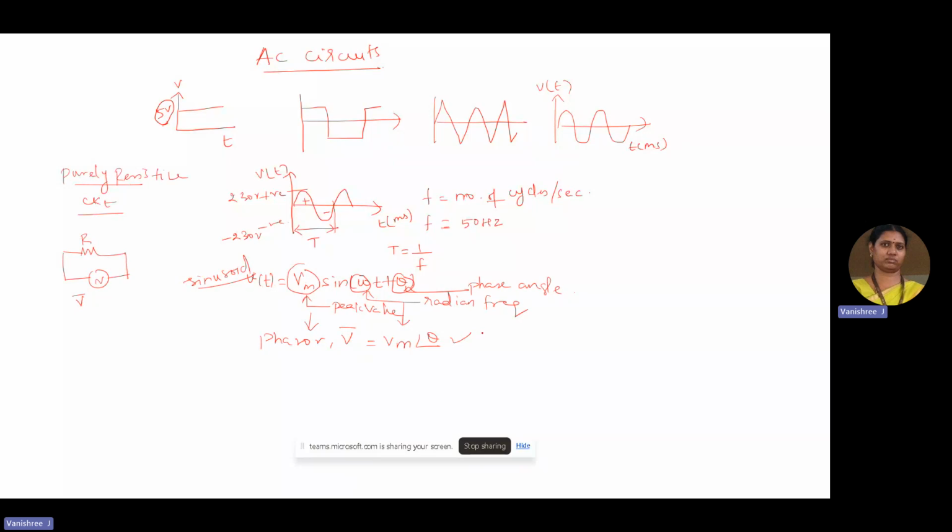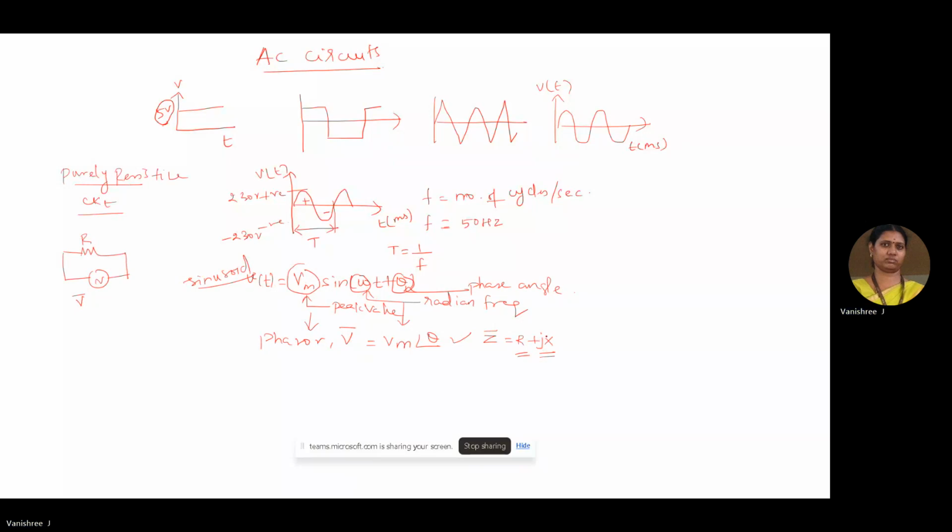So everything, impedance, voltage value, current value, are going to be complex. If you take impedance Z, where impedance is the opposition offered for the flow of current, in general, it can be represented as R plus jX, where R denotes the resistance value and this jX in general denotes the reactance value. That reactance can be either an inductive reactance or a capacitive reactance or the net reactance due to the combination of both.